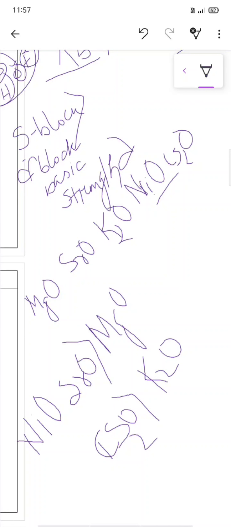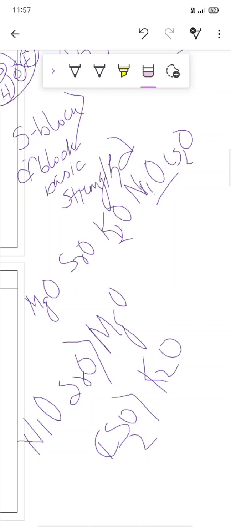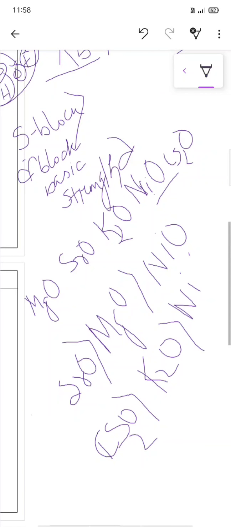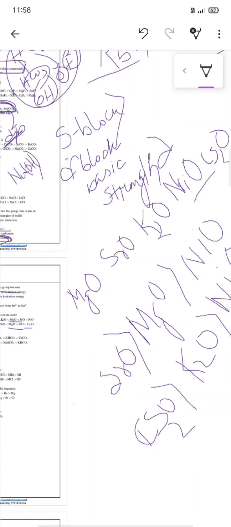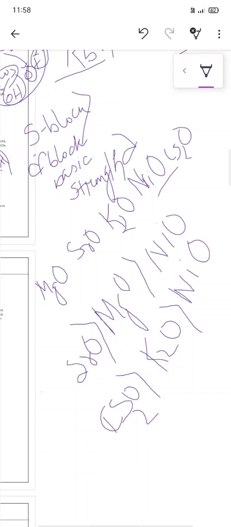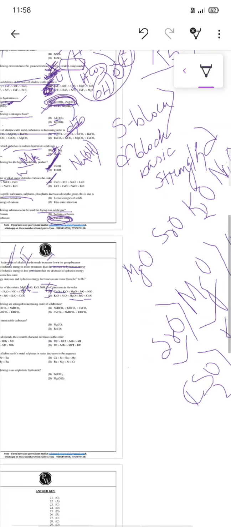Okay, sorry. So nickel should be here. As the second group is larger than the first group, the second group oxides are larger.